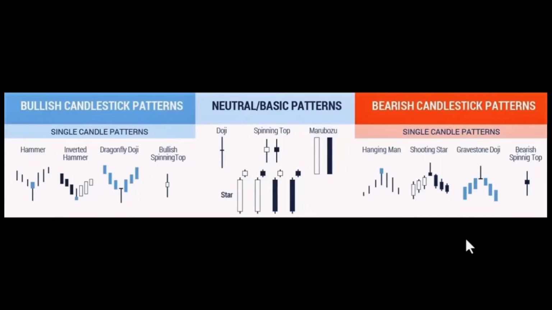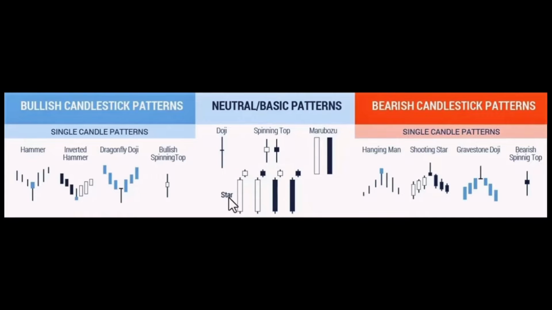The most common single candlestick patterns are hammer, inverted hammer, dragonfly doji, and bullish spinning top, which are bullish candlestick patterns. Next, we have neutral or basic patterns, which are doji, spinning top, mariposa, and star.